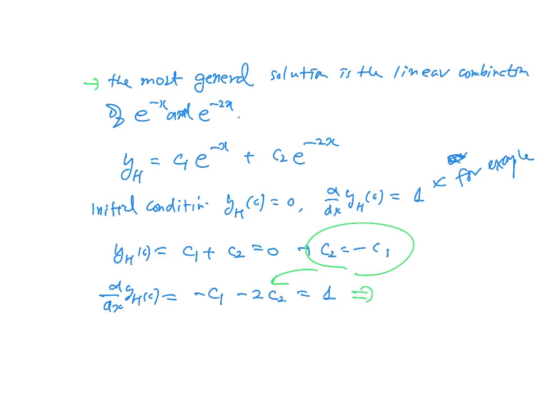Then c1 is equal to 1, right? And c2 is minus 1. So in this case, yh(x) is exponential minus x minus exponential minus 2x. That's the solution that satisfies the initial condition.